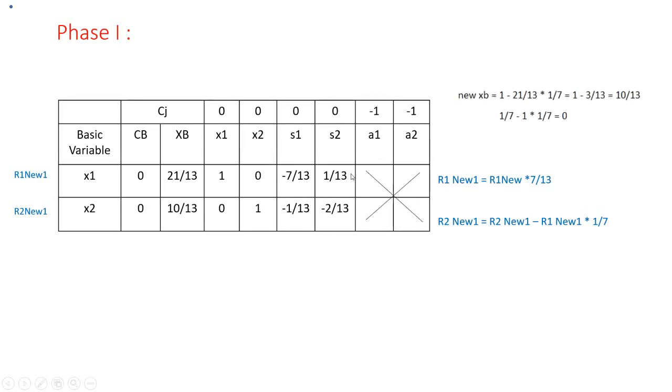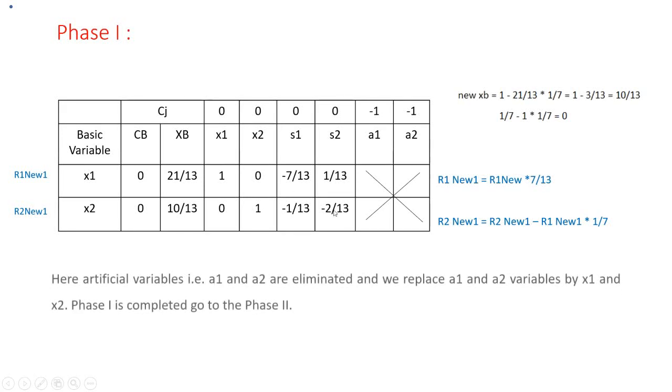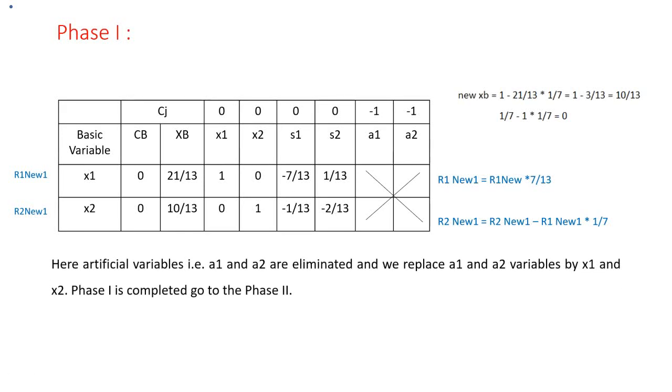In this phase we are removing all the artificial variables, because we are replacing a2 by x2 and a1 by x1. So the artificial variables a1 and a2 are eliminated. So phase 1 is completed, go to phase 2.